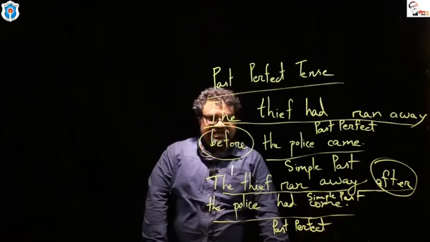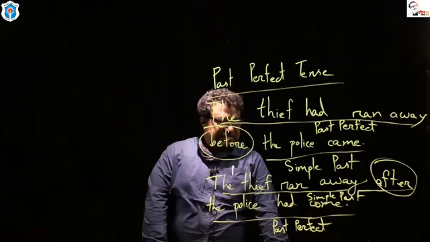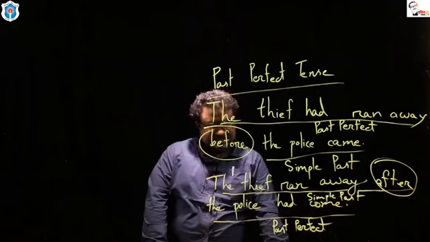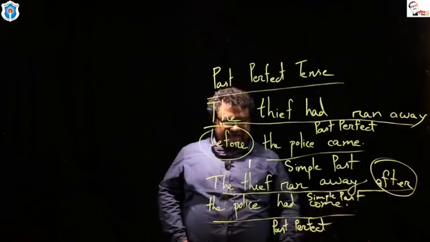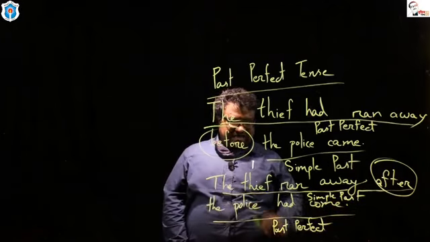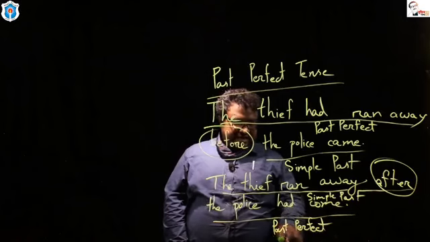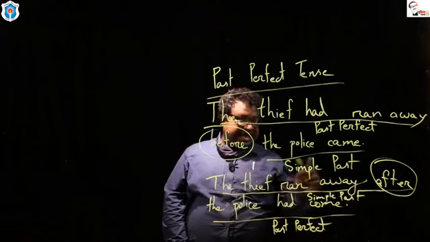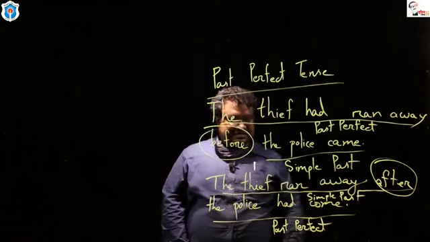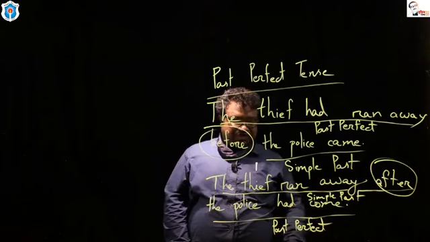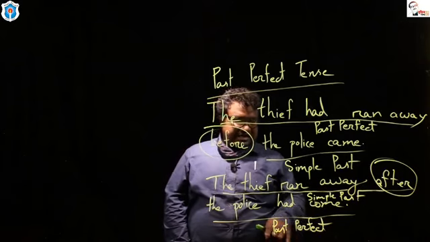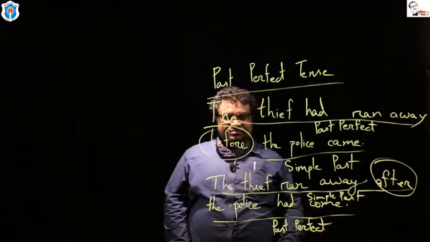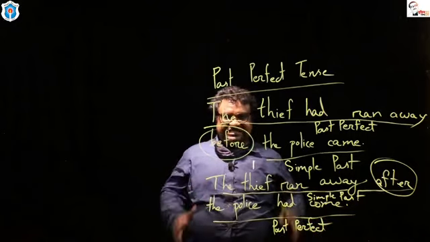So here we see that when we are using this simple past tense, the thief ran away, this is in simple past form, while the other part, the police had come, is in past perfect form. So the part preceding this after will be in simple past, while the part following this word after is in past perfect. We can match these things here.